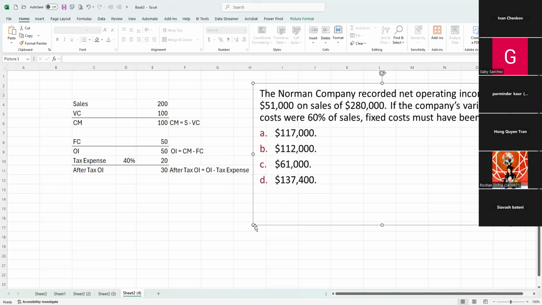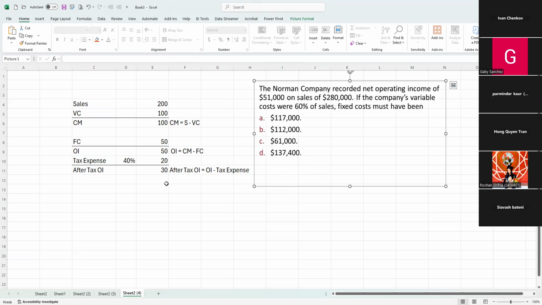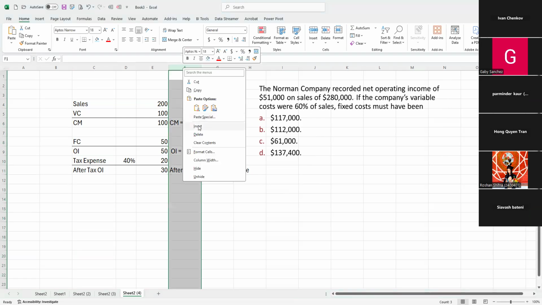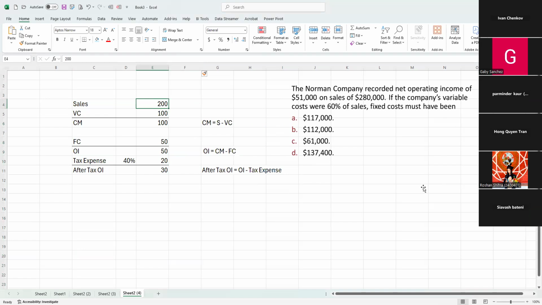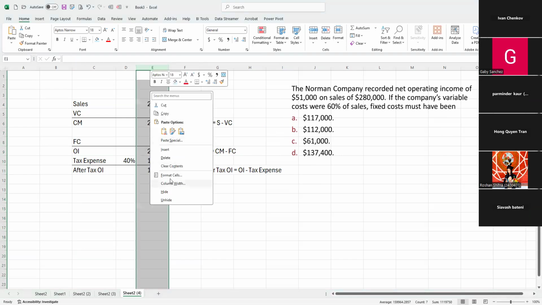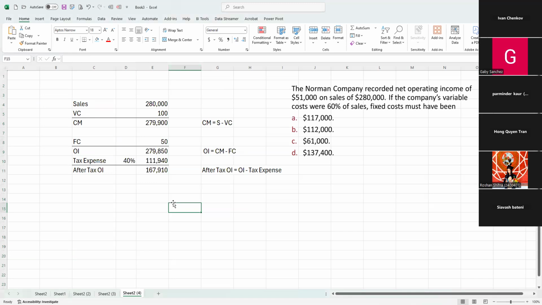Okay, so let's paste this question and see what we know, what we don't know, or what we have to find out. We know that our sales are, we need a little bit of insert here, percentages. We know that our sales are 280,000, correct? This number, I know it. What else I know?